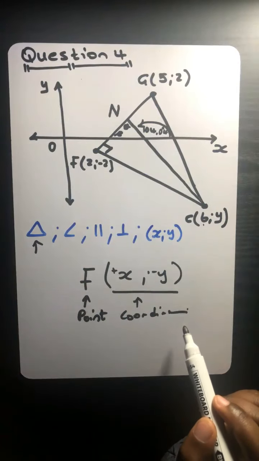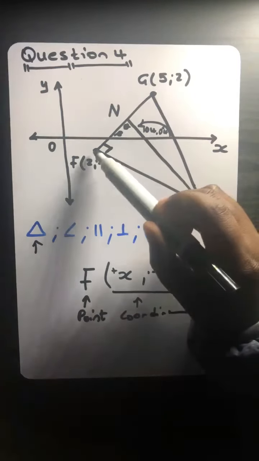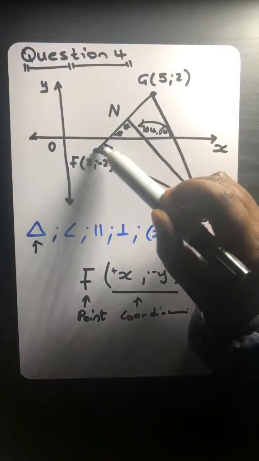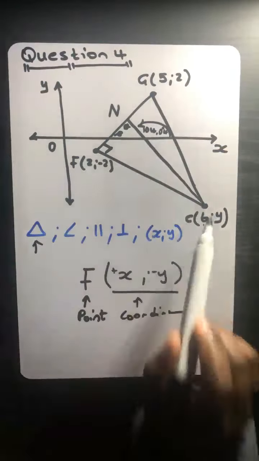Let's proceed. So the statement continues to say FG is perpendicular to FC. So let's check. Where is F? There is F, there is G. So that means that line is perpendicular to that line.